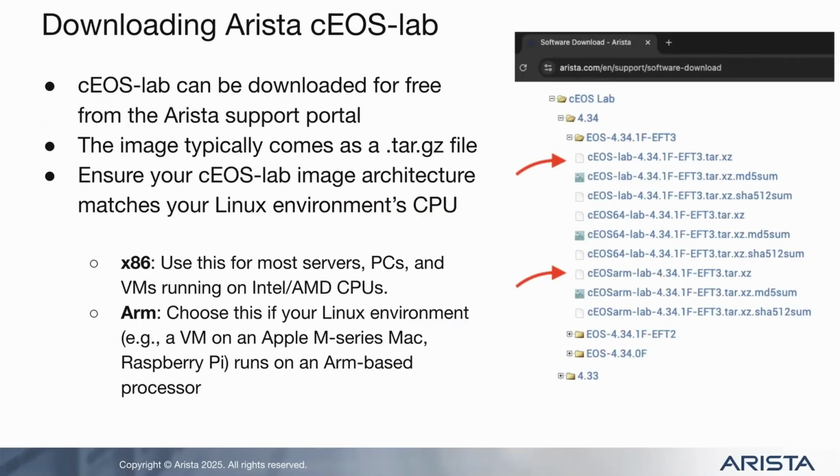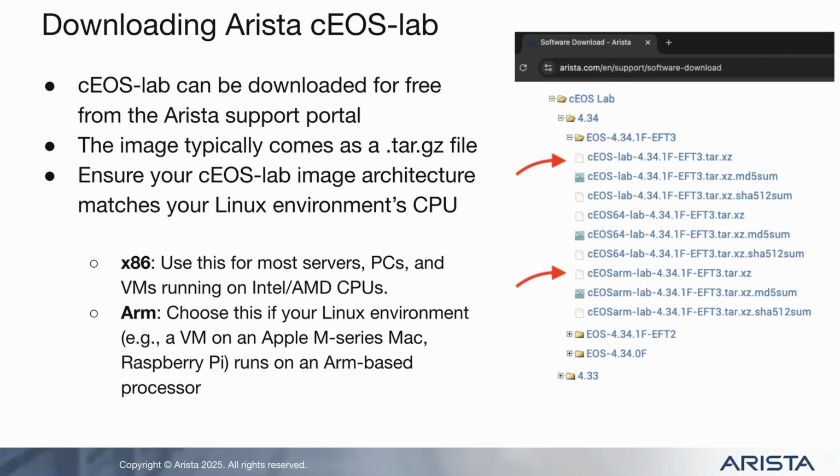As previously mentioned, you need to download the cEOS image from our website, and this can be done on the download page after logging in with your free account. You'll notice there are multiple images available, and the most important point is to make sure that you download the right one based on your computer architecture.